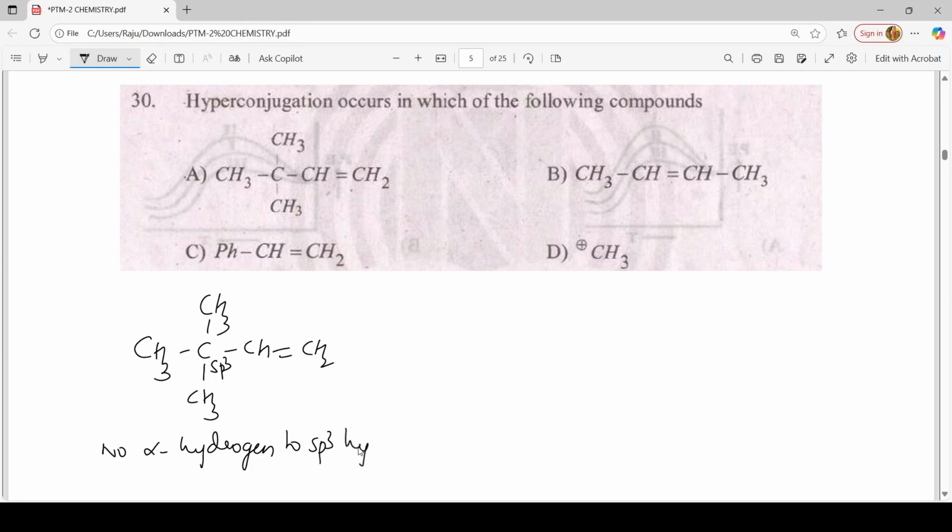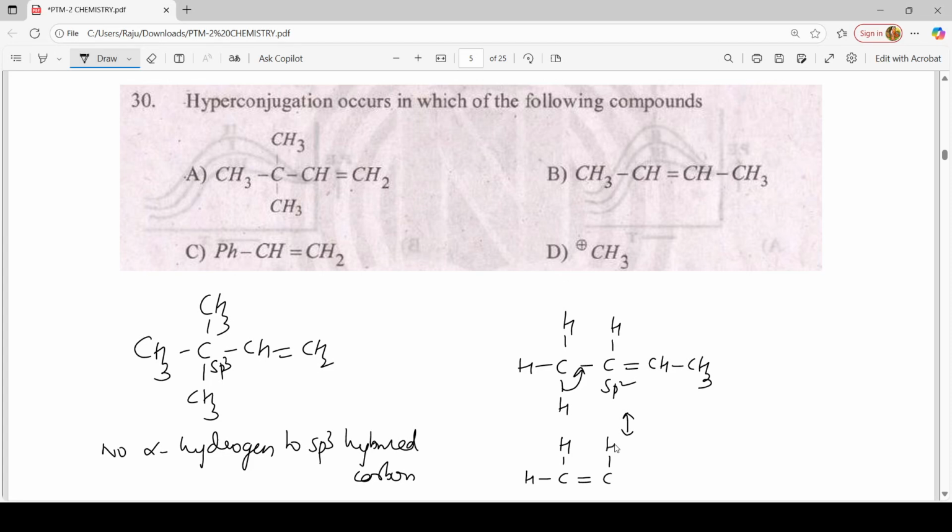Coming to option B, there is an sp3 hybridized alpha carbon adjacent to the sp2 carbon. So hyperconjugation is possible. But coming to option C, in option C hyperconjugation is not possible.